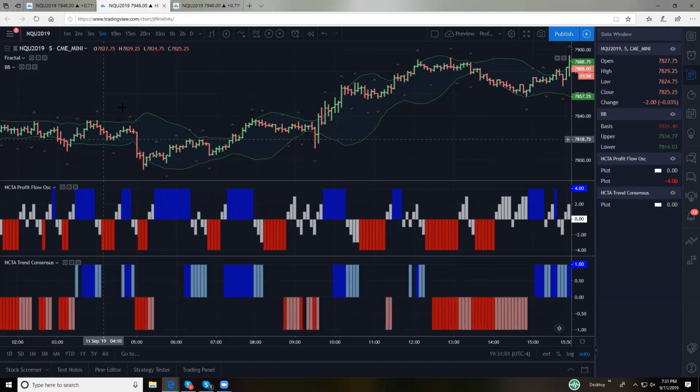All right, so that is what you do with a profit flow oscillator, entering trades and exiting trades. Now, where the trend consensus comes in is it's particularly beneficial if you're using a 10-point trailing stop trigger.